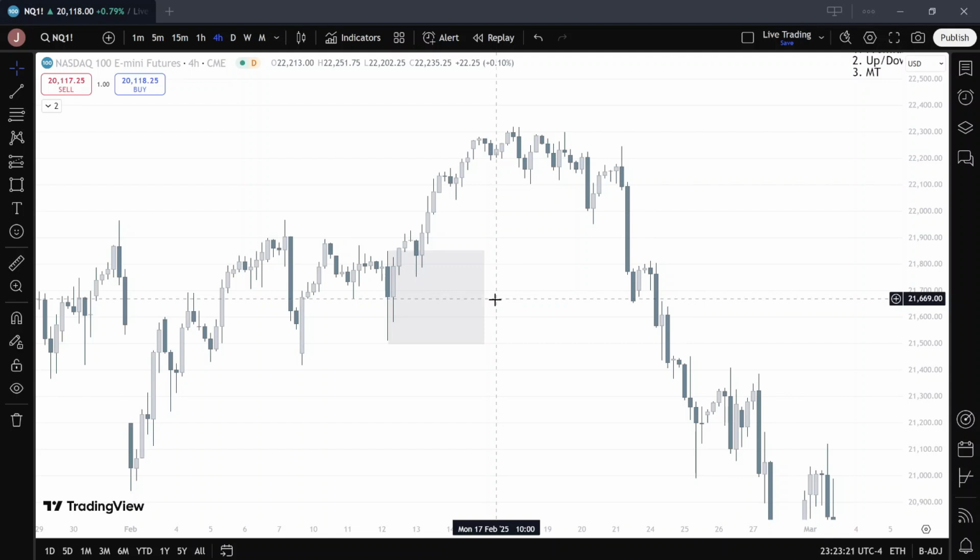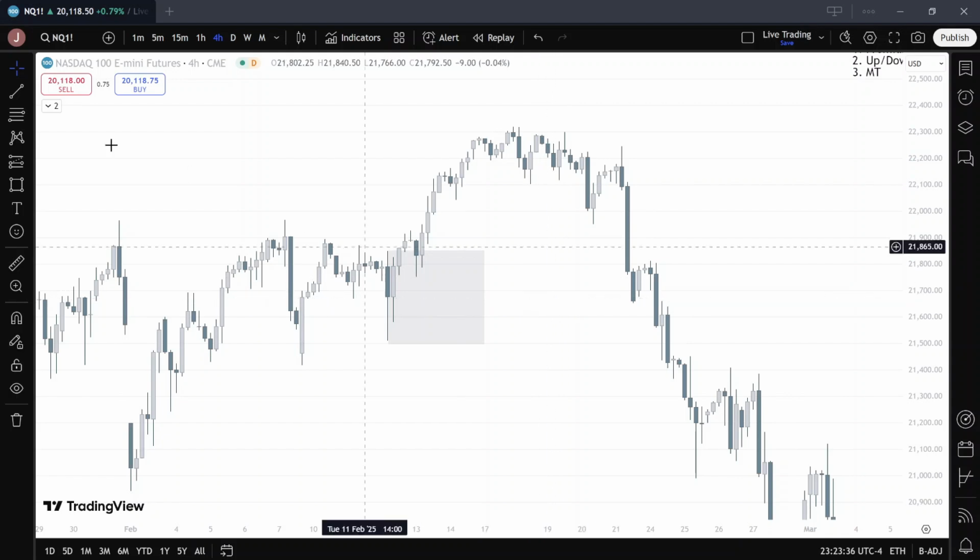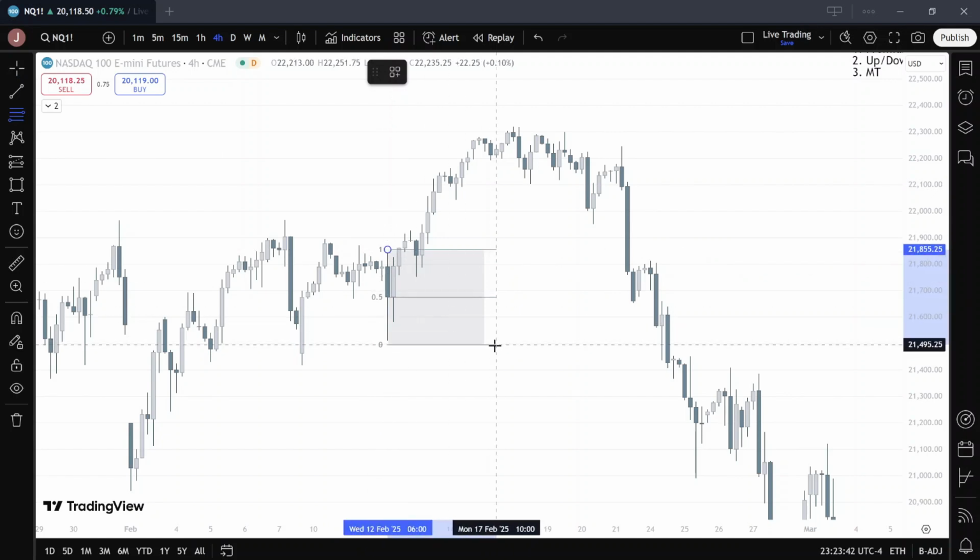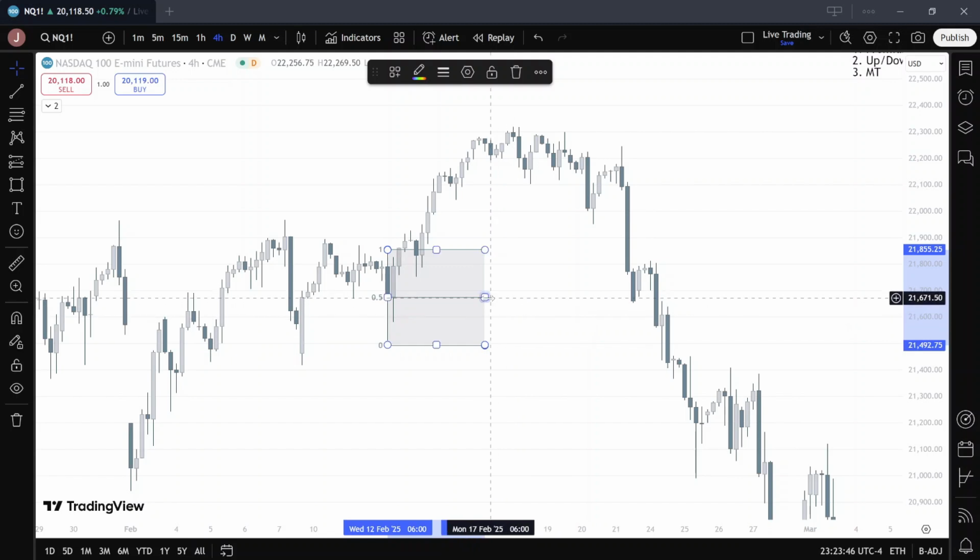Based on statistical data from other people that have backtested, they've concluded that the mean threshold is a real thing. So ideally, we shouldn't see a candle close below the mean threshold. So I invite you to draw your Fibonacci tool from the high to the low, and the 0.5 would be the mean threshold area.